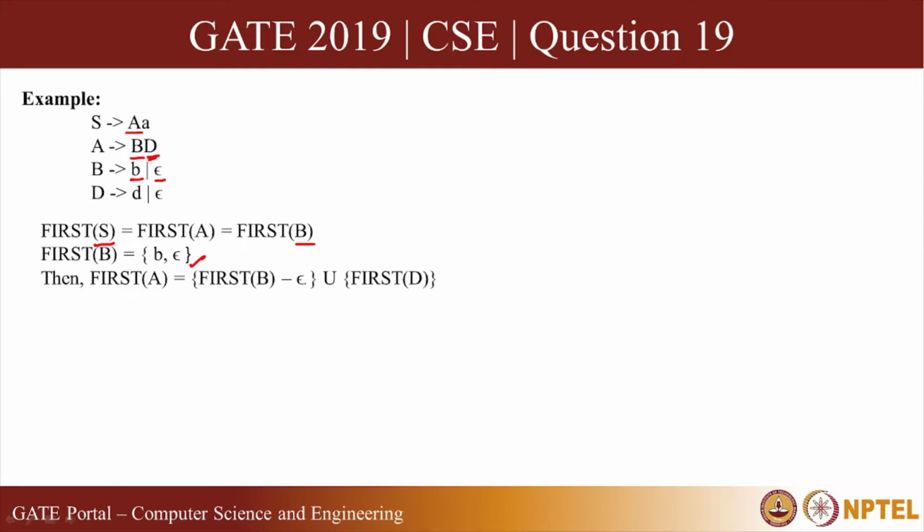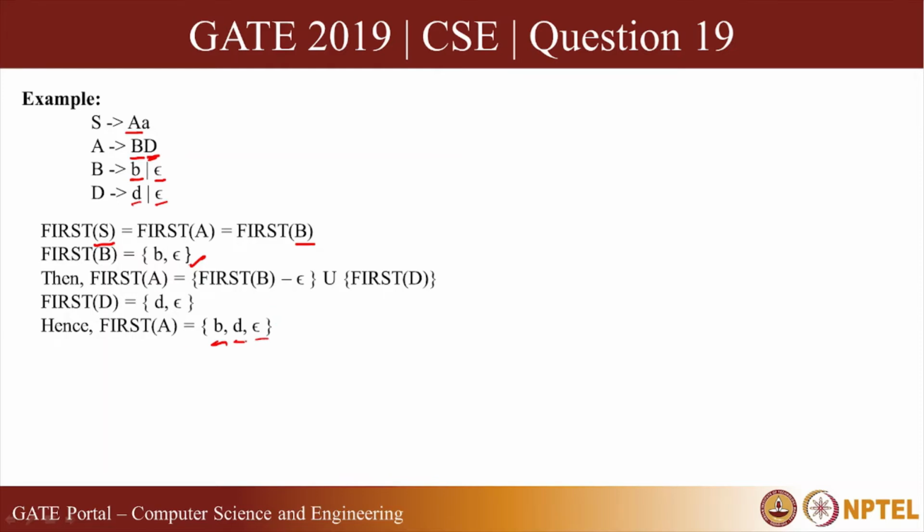So we discard the null and add first of D. Let's see what is inside first of D. First of D again gives the terminal d as well as null. Then first of A is equal to b, d and null.